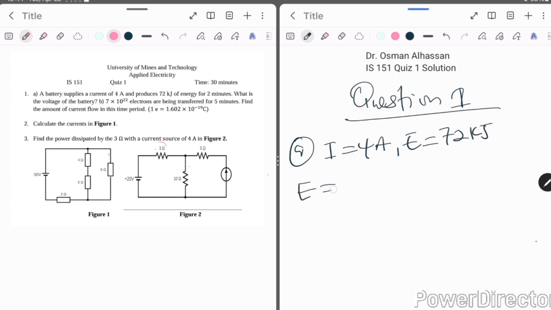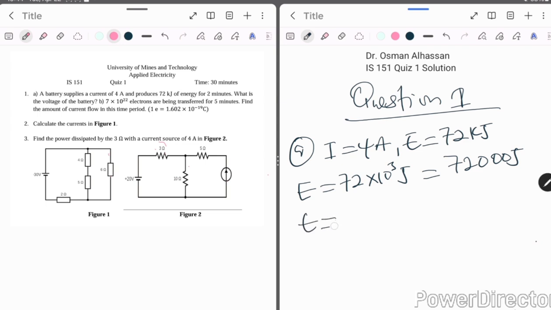So 72 kilojoules is equal to 72 times 10 to the power 3, which is 72,000 joules of energy produced, and the time taken to produce this amount is 2 minutes.